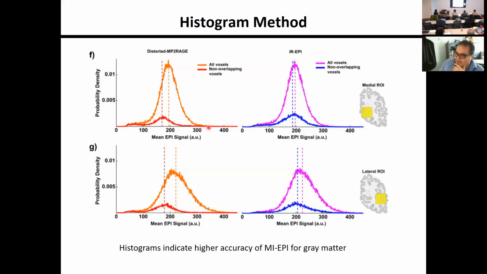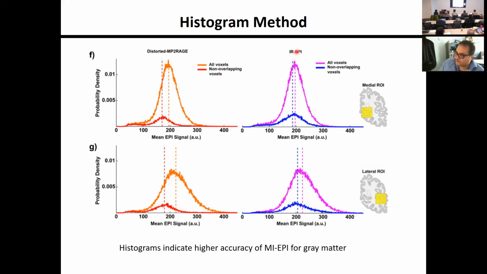This is the mean EPI signal for all voxels from the MP2RAGE, which was then with distortion correction. In orange, all voxels, and in red, the non-overlapping voxels, which were the voxels which were just from MP2RAGE labeled as gray matter.